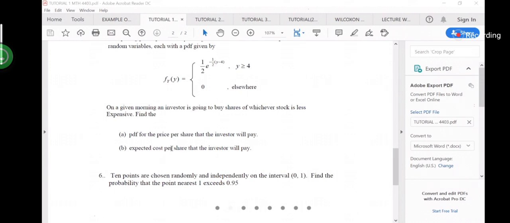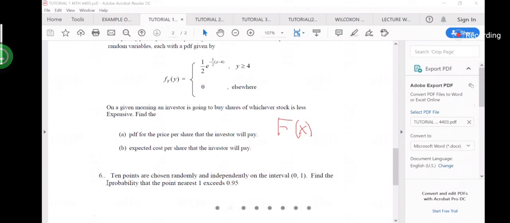Whether you use the CDF technique or theorem 2, the first step, always remember, always get the CDF for X, the original random variable. Always start with this. You get this first, the CDF.